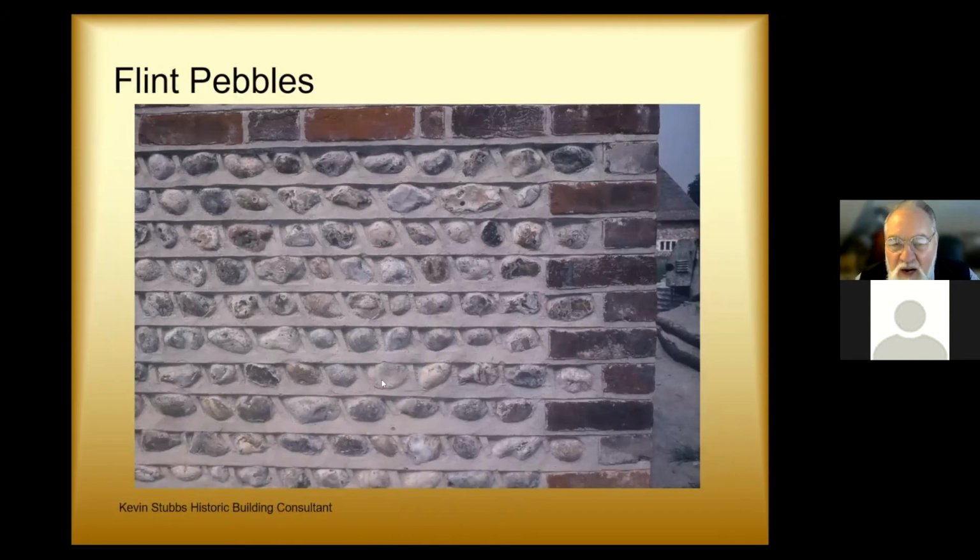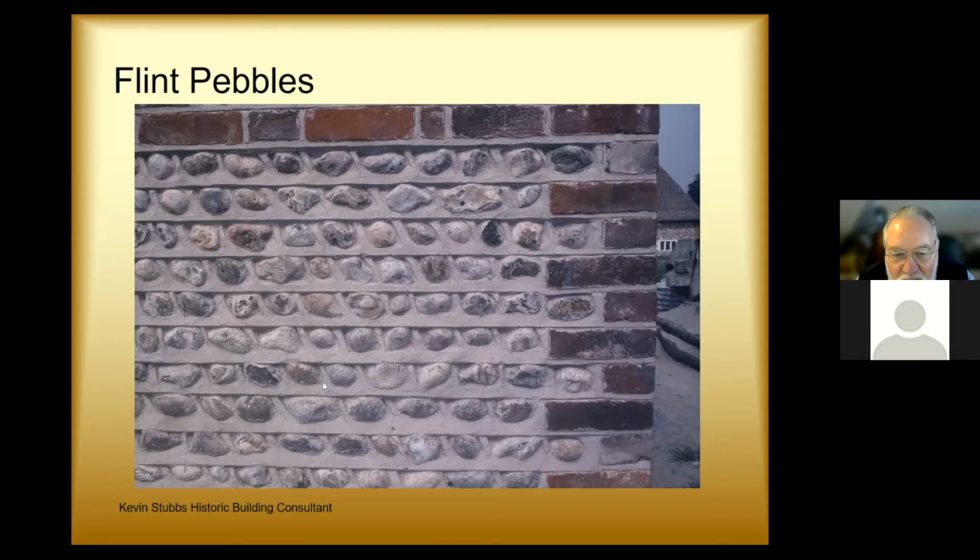In coastal areas, we tend to find that the flints where they've weathered out of the chalk cliffs have been rolled around with the sea, and one finishes up with basically big flint cobbles or flint pebbles. And there are techniques in some areas of laying these horizontally, usually associated with brickwork in bands like this.